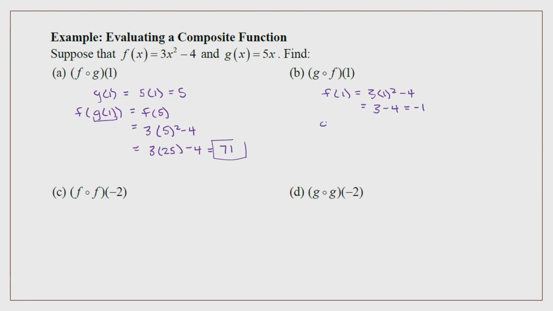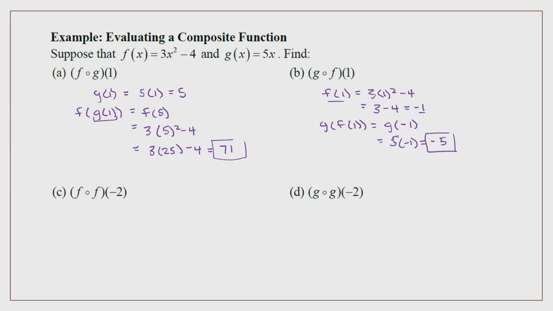Now we'll take g of f of 1, which is g of negative 1, because f of 1 equals negative 1. Now we'll evaluate the function g of x when x is negative 1. That'll be 5 times negative 1, which equals negative 5.